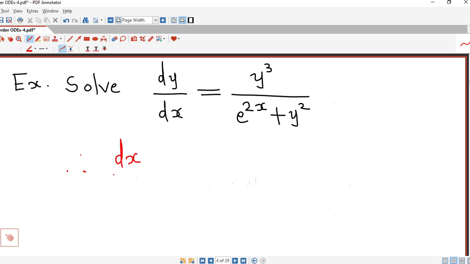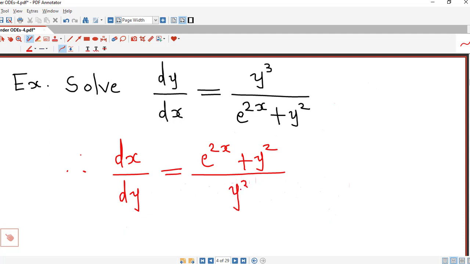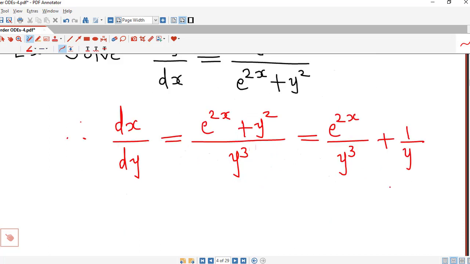First I require dx by dy, so I take the reciprocal of both sides. This I can rewrite as e raised to 2x plus y square over y cube, and this we can rewrite as e raised to 2x divided by y cube plus y square over y cube, that is 1 by y.